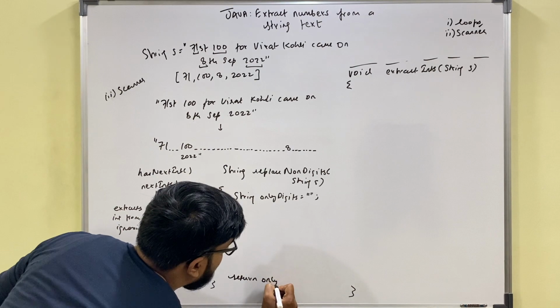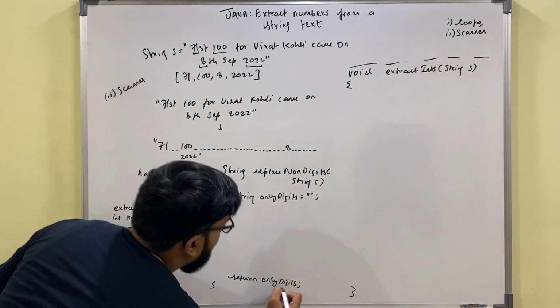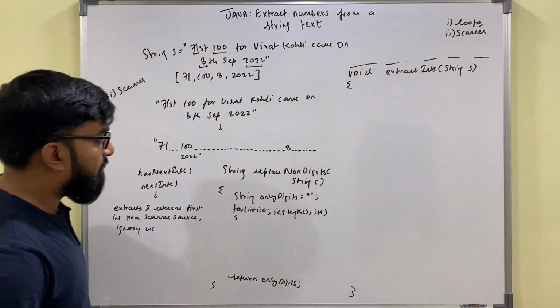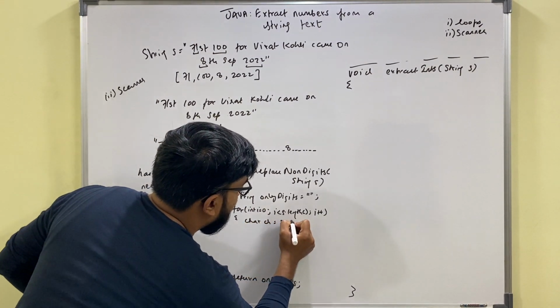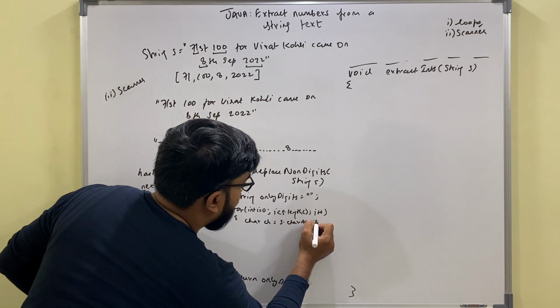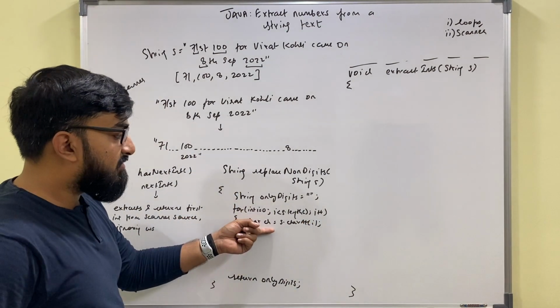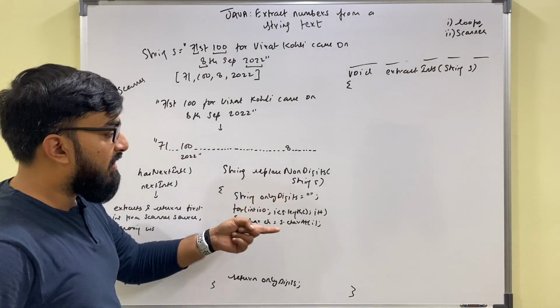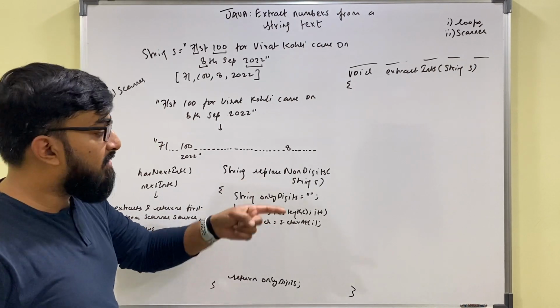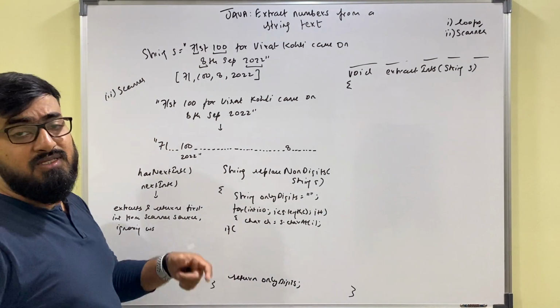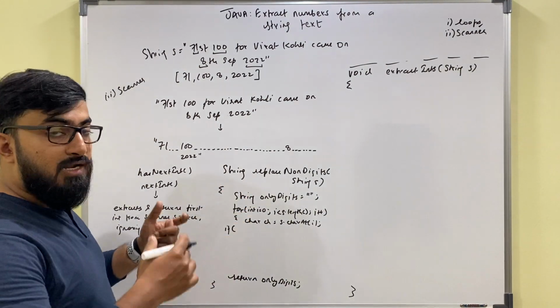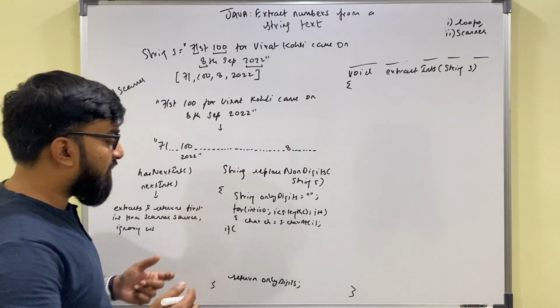So onlyDigits, and I iterate from left to right. I get the ith character in this string, charAt(i). Now if this ch is a digit, I add it to onlyDigits. Else, if this is not a digit, I add a blank to onlyDigits. I am going to use the Character.isDigit method, an inbuilt method in the Character class, though you can write your own method as well.